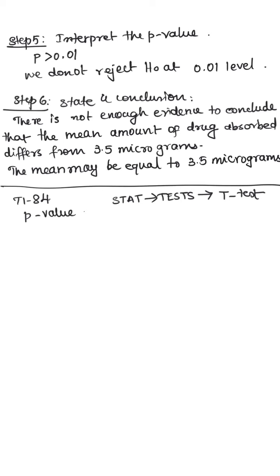Then you can either select the stats as input option, enter mu0, x bar, s and n, or you can draw data as the input from the list L1 and it will directly calculate. And for the alternate hypothesis, you can choose the option like mu not equal mu0 or less than mu0 or greater than mu0.